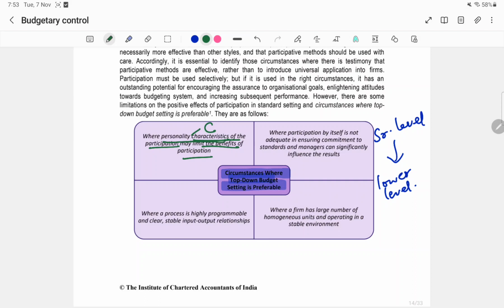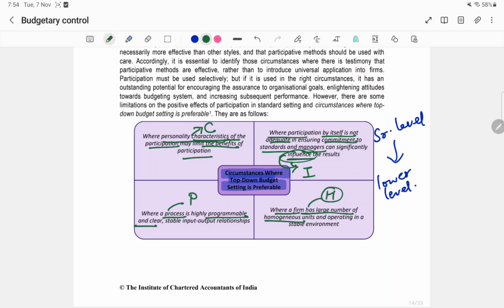So the characteristic is the keyword, you can use the memory trick C. Now, where participation by itself is not adequate in ensuring commitment to standards and managers can influence the result. So I, influence is the keyword. Then here the keyword is highly programmable, the process is highly programmable. So P. Then where a firm has a large number of homogeneous units. So H is the keyword.